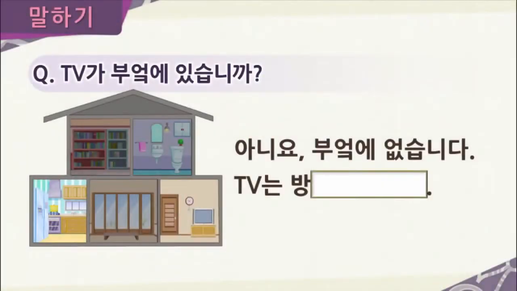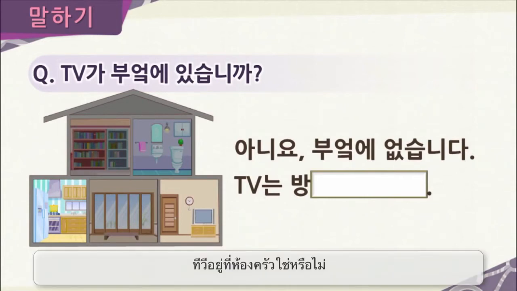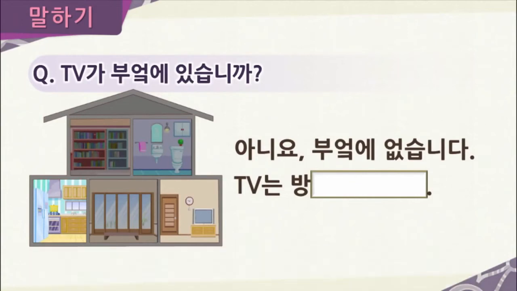Very well done. Now we have our house here again, but a different question. This time we are asked, TV가 부엌에 있습니까? Or is the TV in the kitchen? Well, again, where is our kitchen here? Our kitchen is located right here. And where is our TV? Well, our TV is right here.